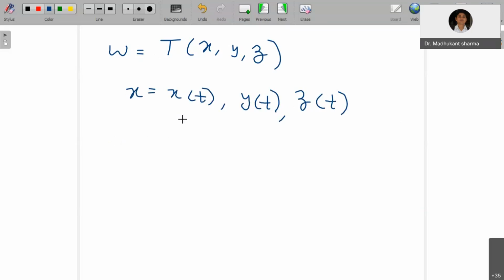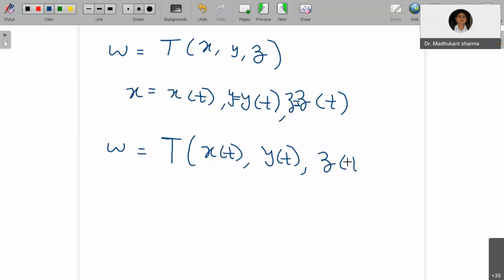So x equals x of t, y equals y of t, and z equals z of t. Then this composite function w, if you replace x by x of t, y of t, z of t.